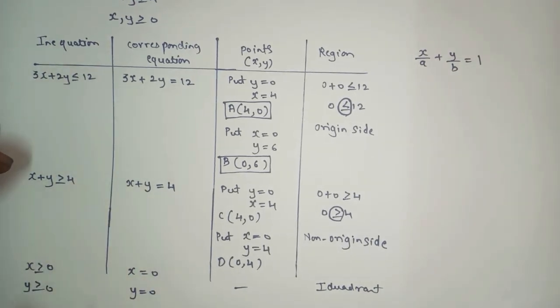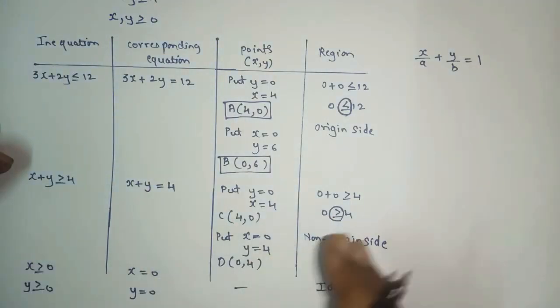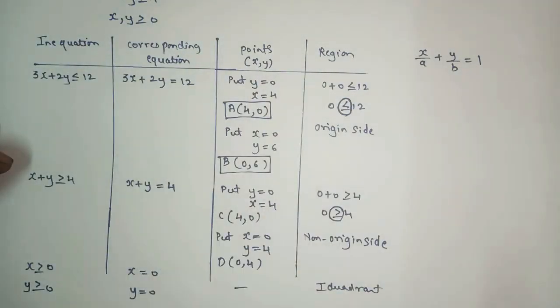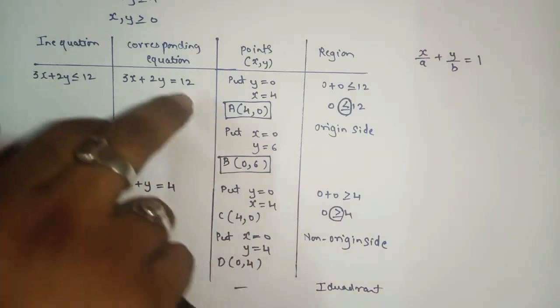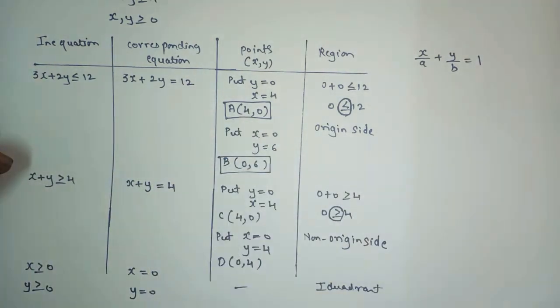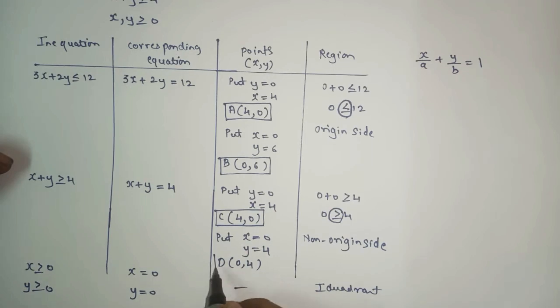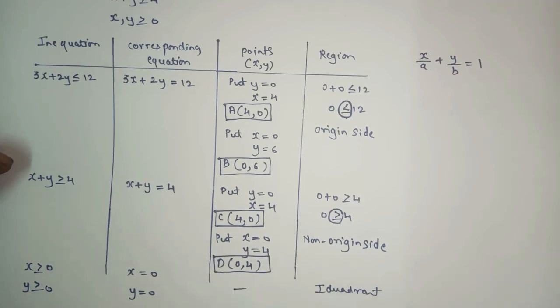Okay, so as per the rule, the first step is what? We have to construct a table. Then after that, we'll take these points and plot them. Here A is 4 comma 0, B is 0 comma 6, C is 4 comma 0, and D is 0 comma 4.